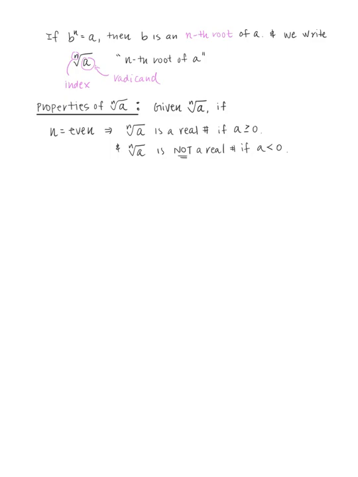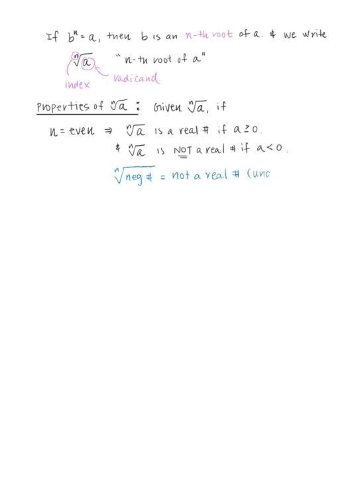Basically it's telling you that if n is even, meaning maybe like square root, fourth root, and sixth root, your radicand must be a positive number in order for it to be defined. And if the radicand is negative, it is not going to be a real number, or we can just say it's undefined. So let me just write it. When n is even, then the nth root, pretend that's like a square root or fourth root, of negative numbers is going to become not a real number.